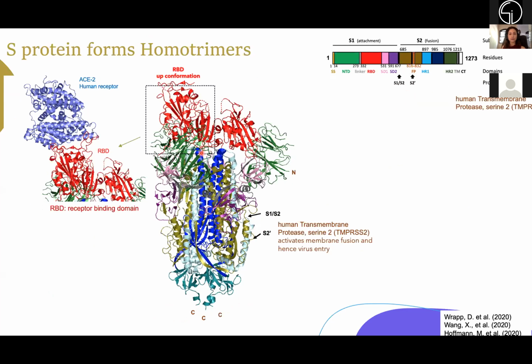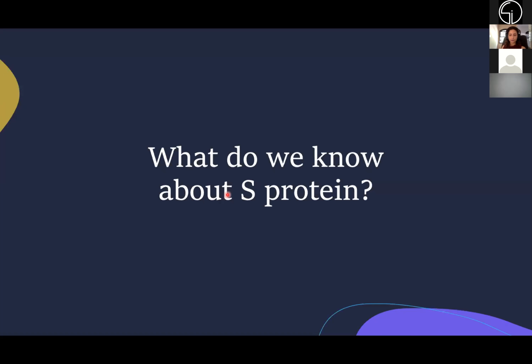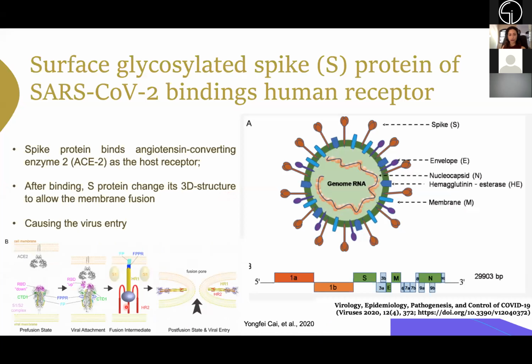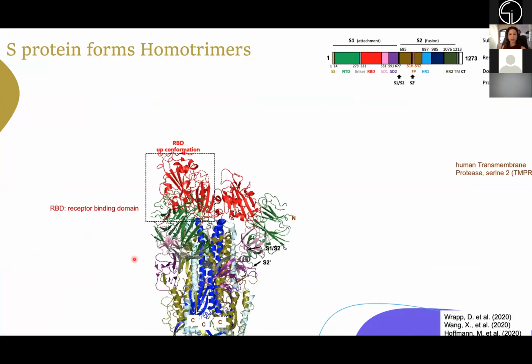But when the spike binds human ACE2, it changes its 3D structure, exposing these 2 sites that are cleaved by a human transmembrane protease serine, TMPRSS2, releasing the S1 subunit that is attached to the human cell, allowing the fusion, as shown here, of the 2 membranes. So that is what we know about the spike protein.